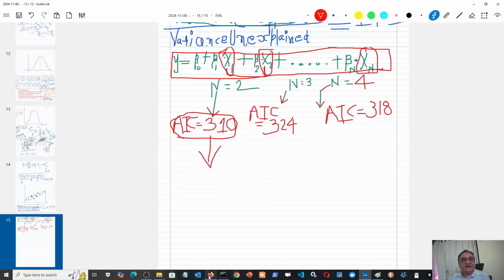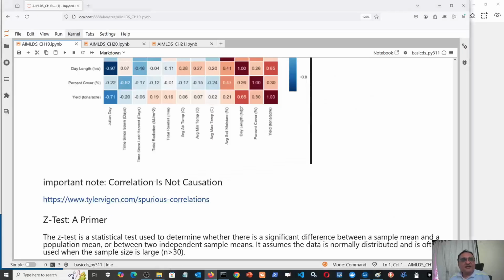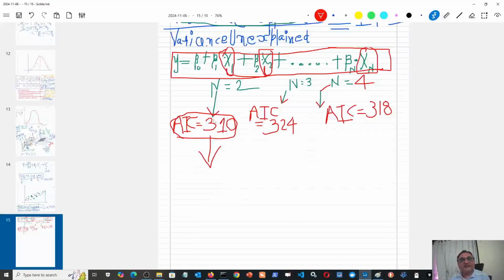Now then I included the third variable also. So percentage cover, day length, and average soil moisture. So the third one is also included in this manner, right? And I got the answer, and the yield came out to be at that time 324. Sorry, not yield but AIC. AIC came out to be 324 for that model of estimating yield using percentage cover, moisture, and day length.